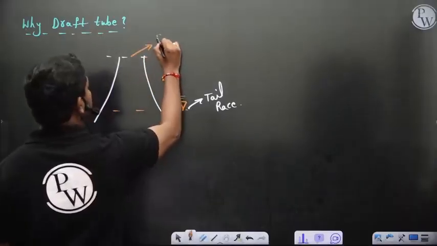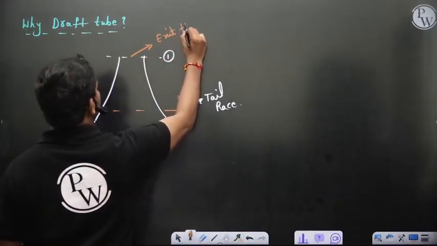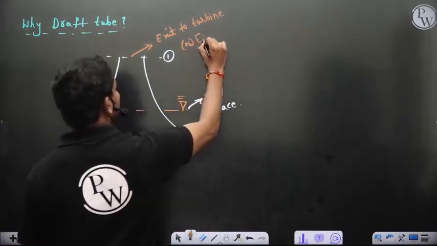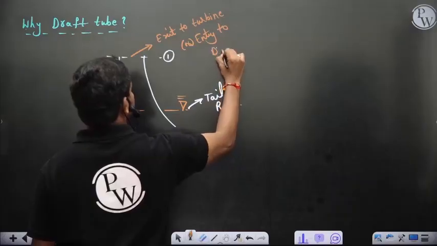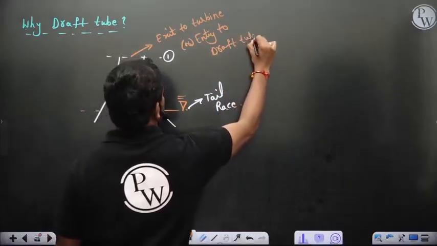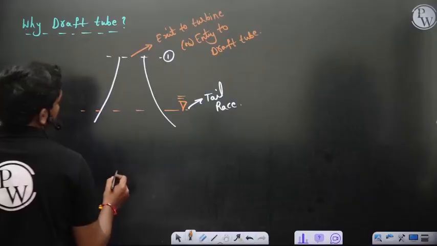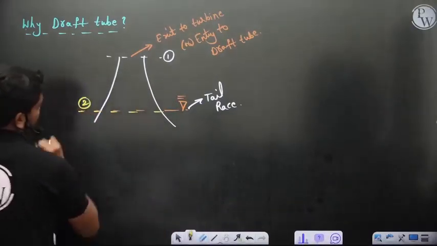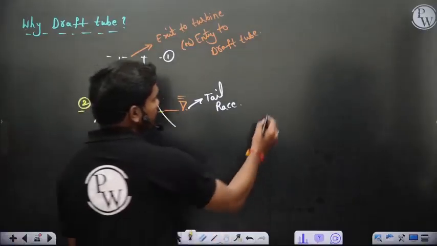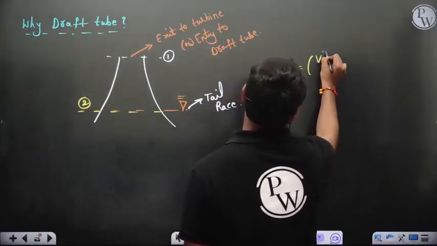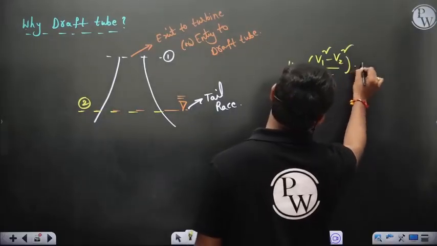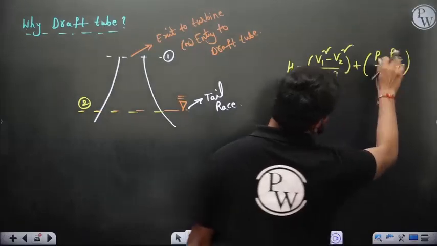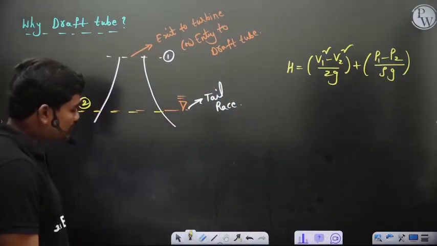Then this point is the exit of the turbine, or entry to the draft tube, basically. If this is section 2 for example, then normally the head delivered is equal to (V1 square minus V2 square) by 2g plus (P1 minus P2) by rho g, neglecting potential heads and all. Okay, you know this.